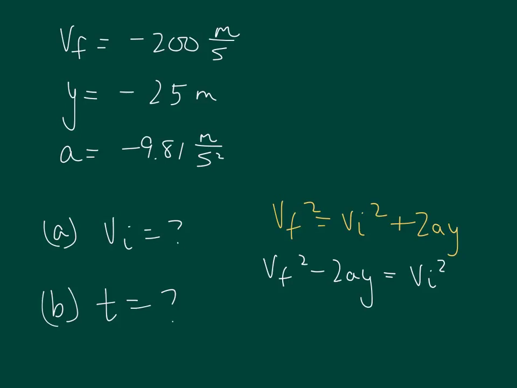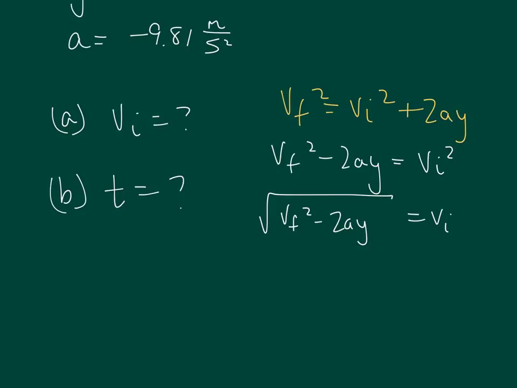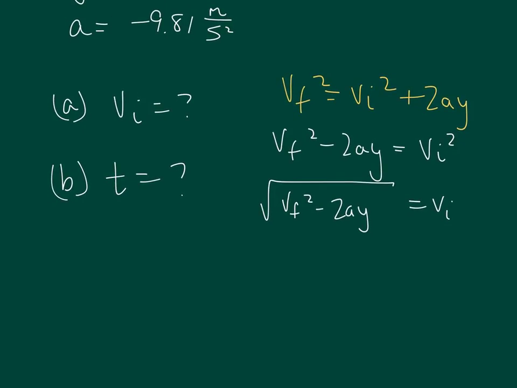How would you get rid of it mathematically? You would subtract. And then just take the square root to get your VI. You cannot cancel a square root and a square if there's a sum or a difference under the radical. Please make sure you don't cancel that.